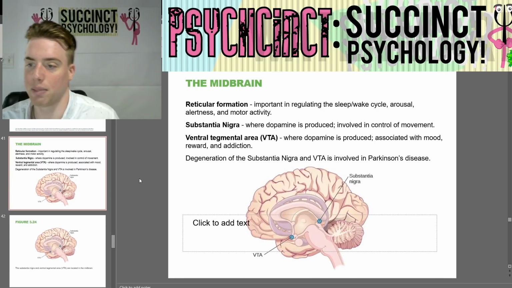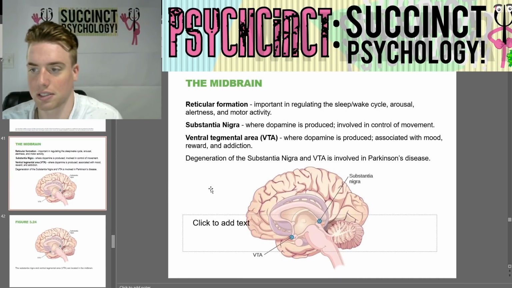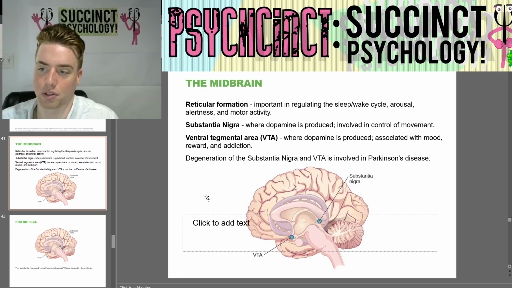Next, we have the midbrain. So the midbrain is made up of the reticular formation, which is important in regulating the sleep-wake cycle, arousal, alertness, and motor activity. The substantia nigra, where dopamine is produced, involved in control of movement, and the ventral tegmental area, VTA, where dopamine is produced.